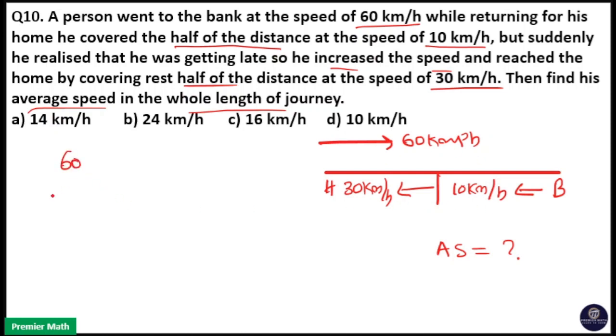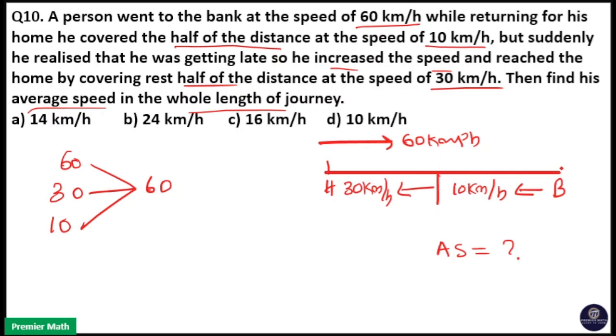So 60, 30 and 10. The LCM of 60, 30 and 10 is 60 itself, because 10 goes in 30 and 30 goes in 60. So 60 is the LCM. Here I will not calculate the time from here, because the distance is not the same for all these three speeds.